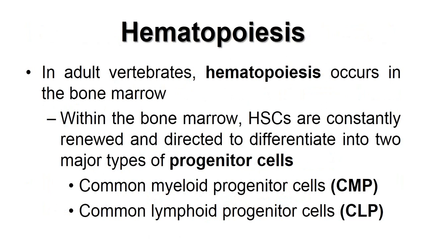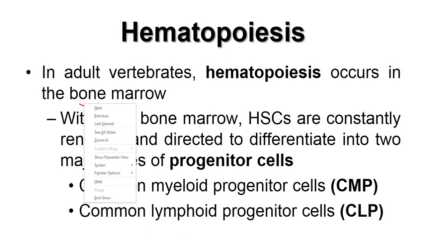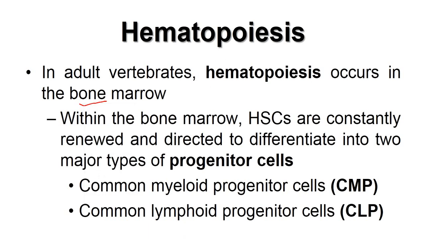Now, in adult vertebrates, hematopoiesis occurs in the bone marrow. Here I would like to add a disclaimer before I say it occurs in bone marrow.